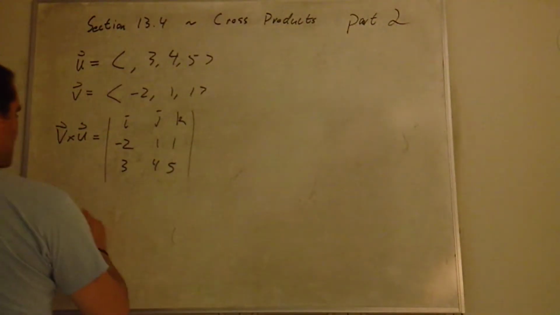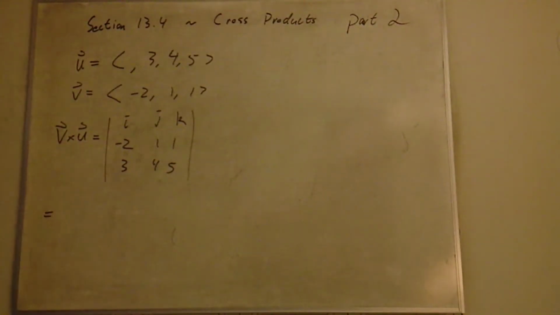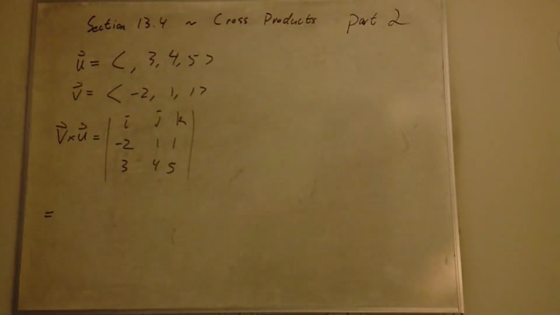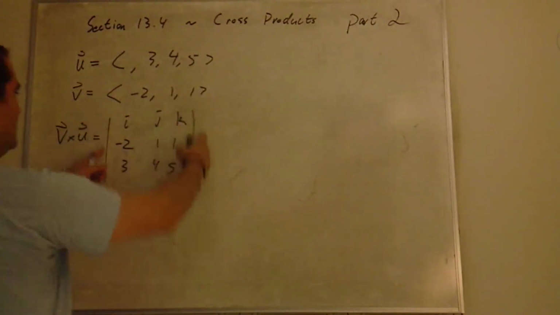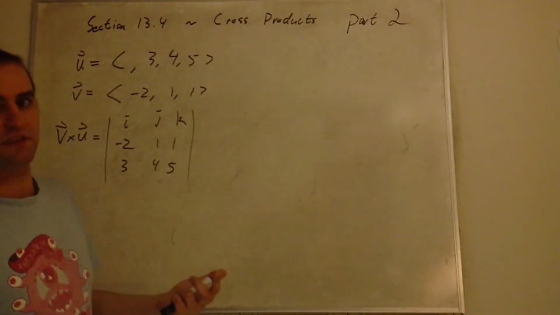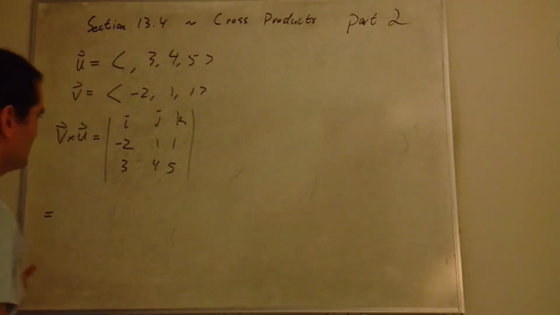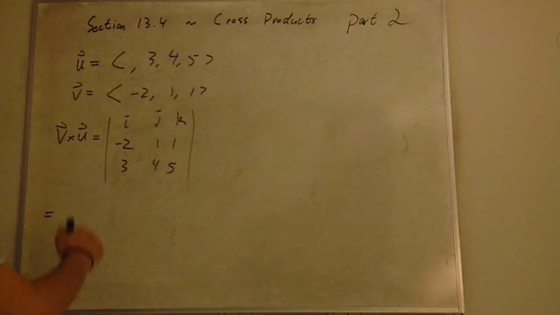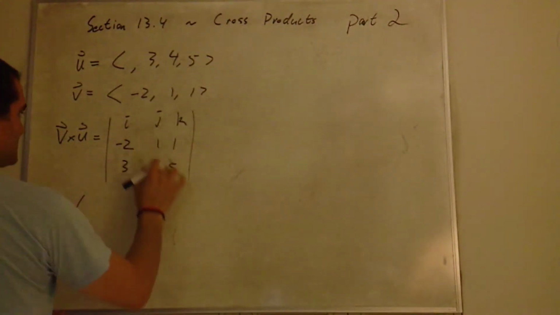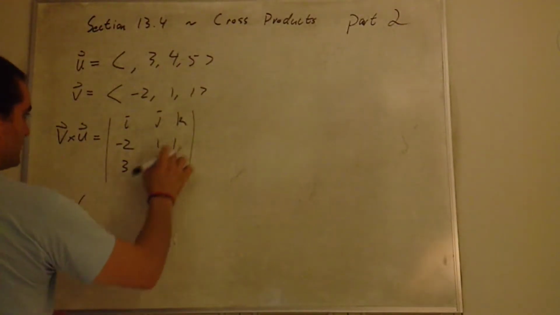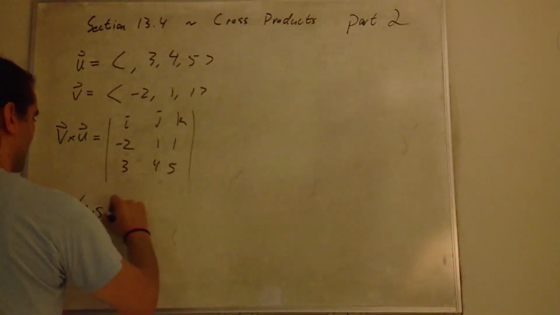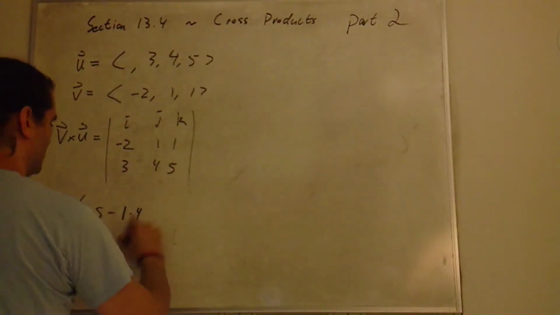And then with this, we're going to do the determinant. These lines here mean the determinant. It looks like an absolute value. It's conceptually not completely separate from an absolute value, but it's called a determinant. And we do this by expanding across this row. So we're going to have an I times this cross thing, 1 times 5 minus 1 times 4.